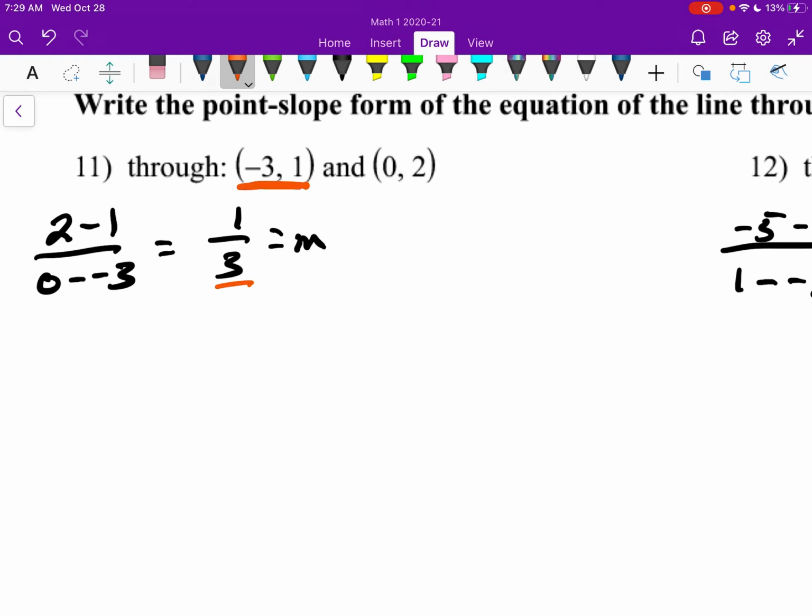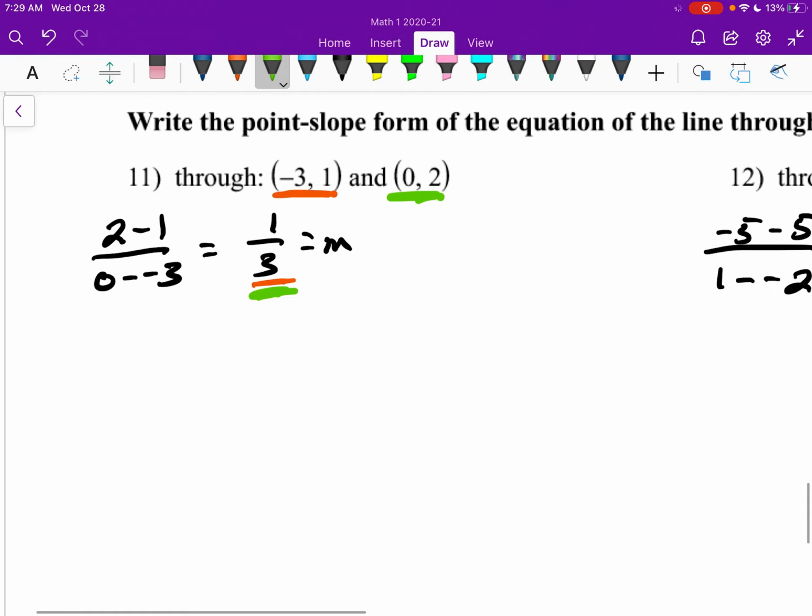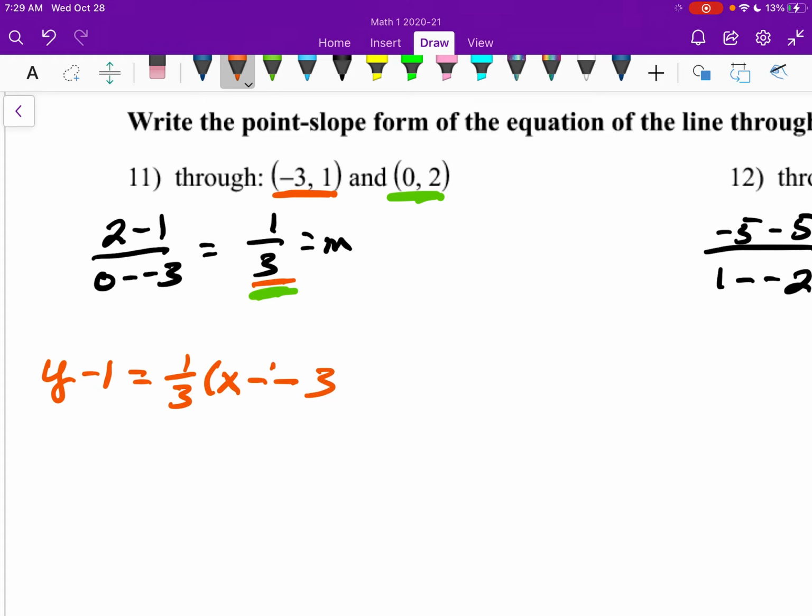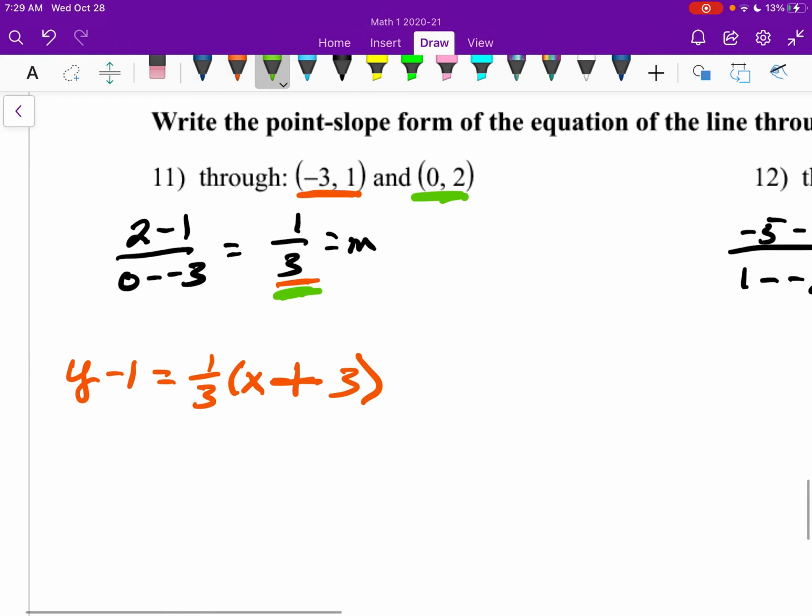All right. Now, here's where it's going to be a little bit different. We have a point and a slope, or we have this point and this slope, right? Normally, multiple choice questions will start with the first point. They'll use the first point. So let me write this 2 times. I'll use this orange color. So y minus 1 equals 1/3 x minus negative 3. So really that's a plus. So that answer might be listed, but if that answer isn't listed, let's go back and do the problem again with the green point.